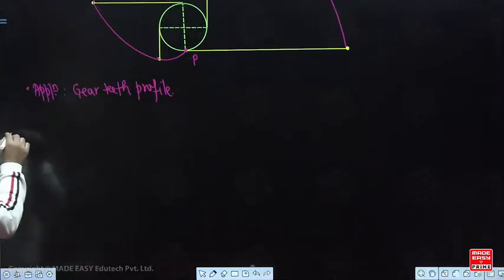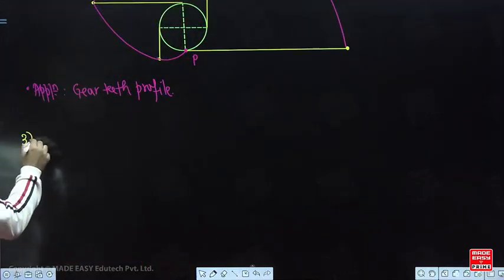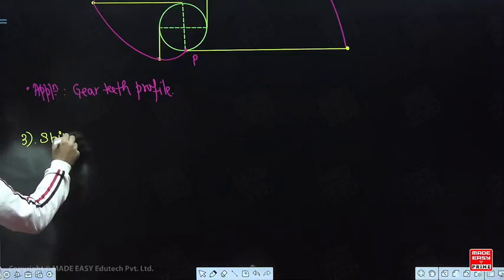Next, third is your spiral. What is a spiral?